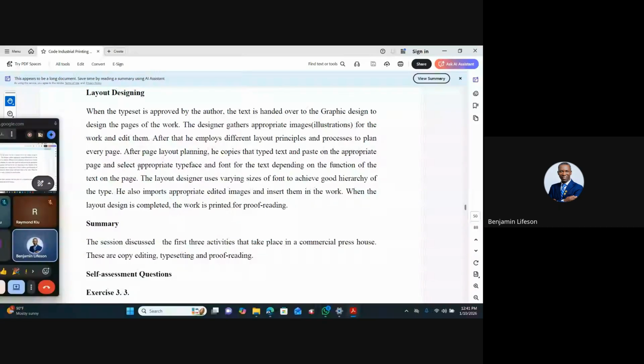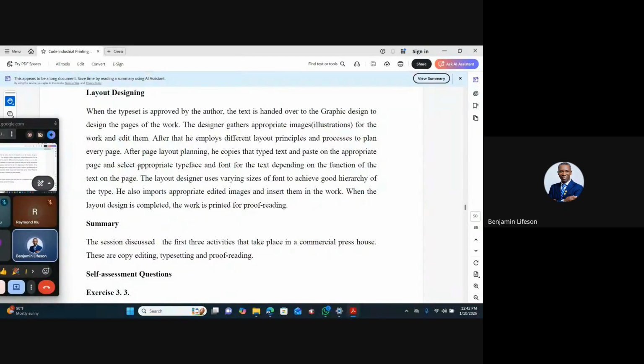So this is where you gather even illustrations, gather the text, gather the shapes, gather whichever designs, and see whether you'll be able to arrange them so that it will be so pleasing to the eye, to the general public, functional, and able to communicate the intended purpose of the design.